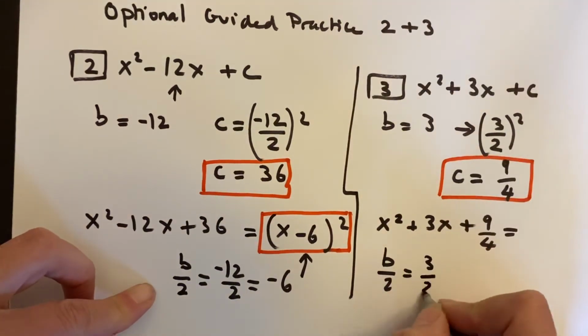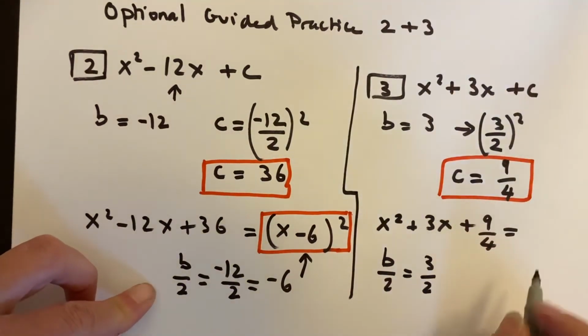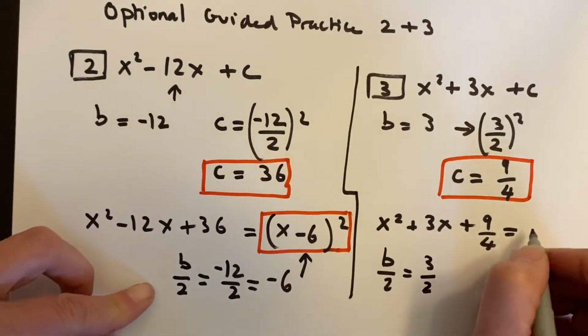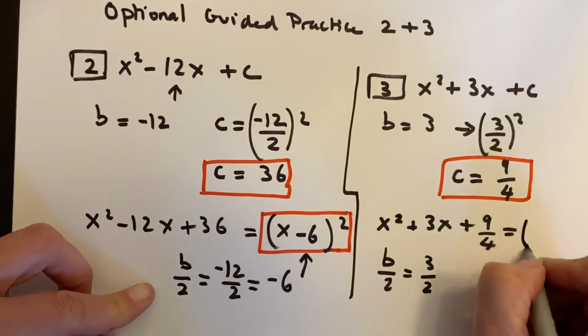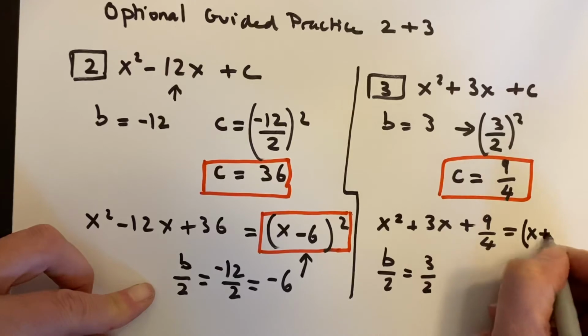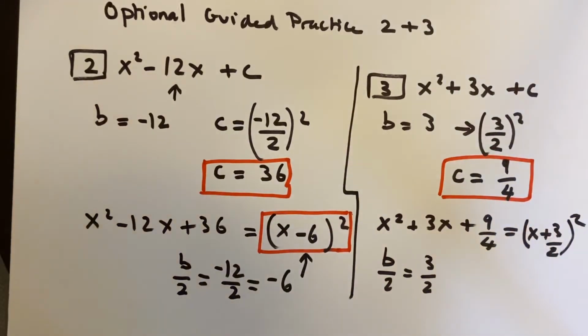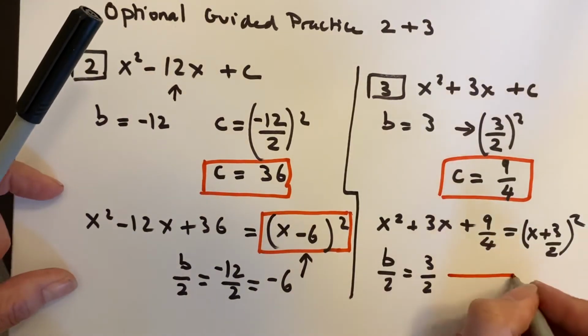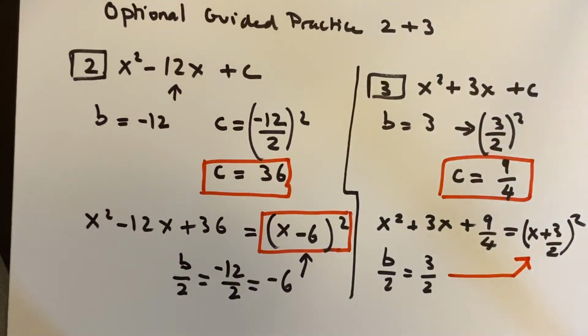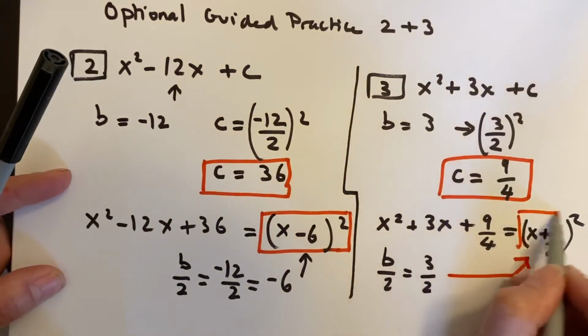It's 3 over 2. And so I guess I could fit it over here. This is going to be x plus 3/2 squared, because that's what's going to go on the end. And that's the second part of my answer.